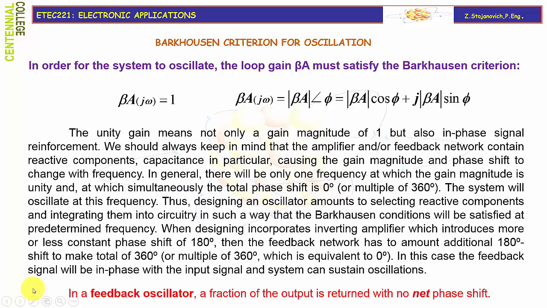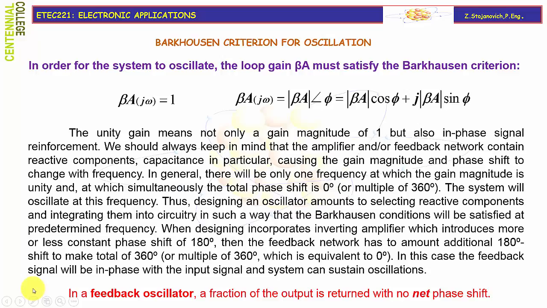Thus, designing an oscillator amounts to selecting reactive components and integrating them into circuitry in such a way that the Barkhausen conditions will be satisfied at a predetermined frequency. When the design incorporates an inverting amplifier, which introduces a more or less constant phase shift of 180 degrees, then the feedback network has to add an additional 180 degrees shift to make a total of 360.